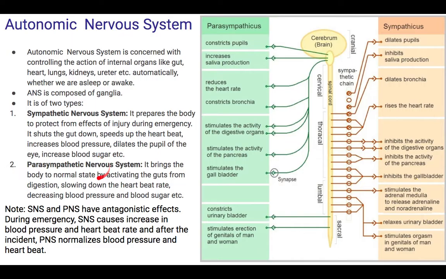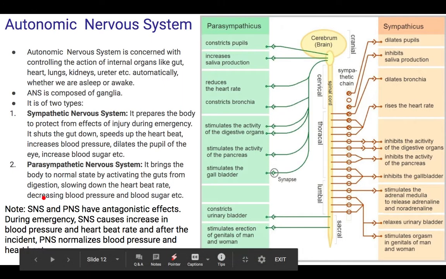Now there is another nervous system, that is parasympathetic nervous system. What does it do? It just works opposite to sympathetic nervous system. That means it brings the body to normal state. Here it was preparing the body; here it brings the body to normal state by activating all those organs. For example, the gut will start digestion. Heartbeat will slow down.